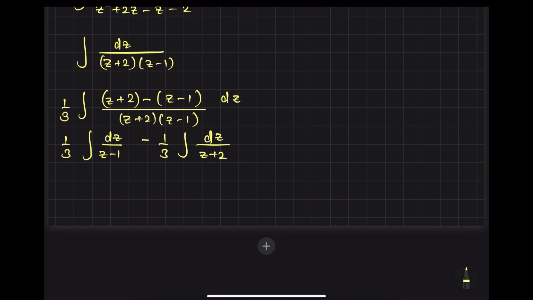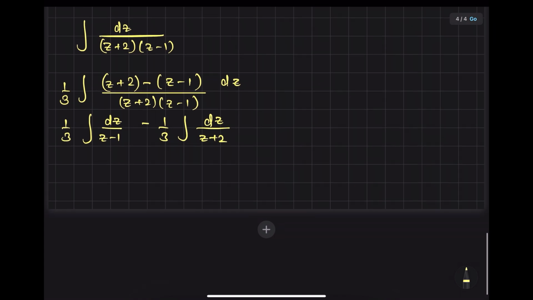Now from here you can integrate things. You can treat this thing as y and you will directly get dy equal to dz. So it is log of z minus 1, minus 1 by 3 log of z plus 2, with integration constant c.